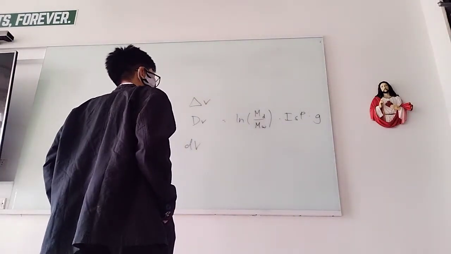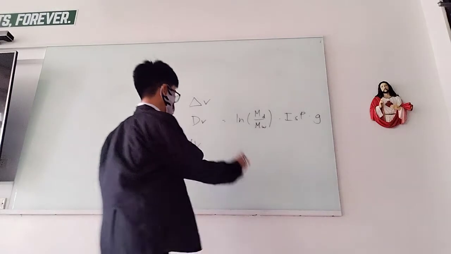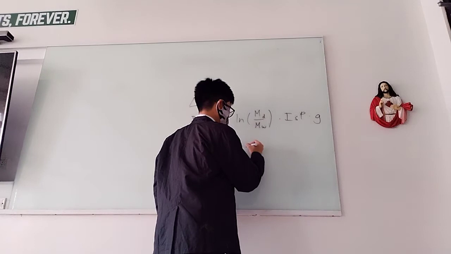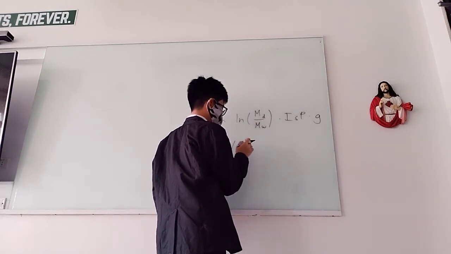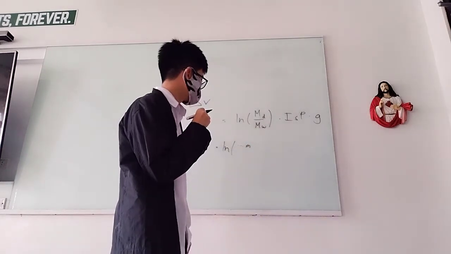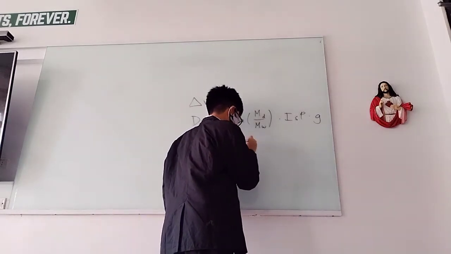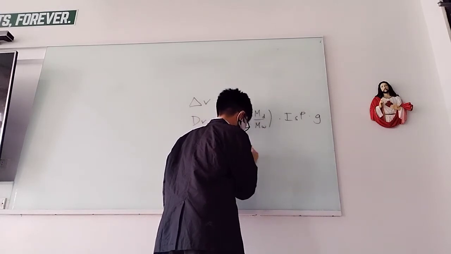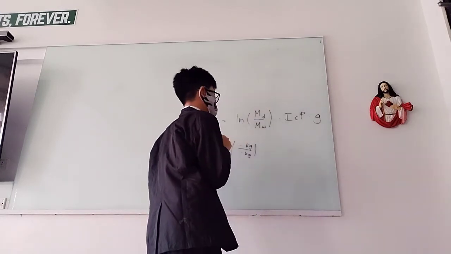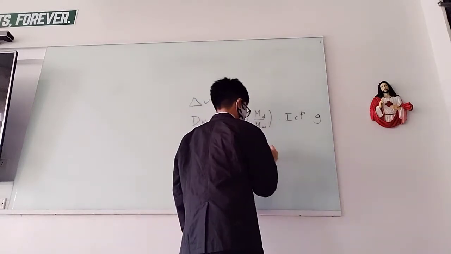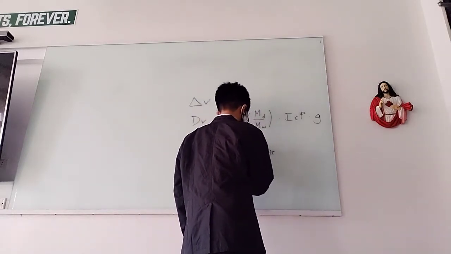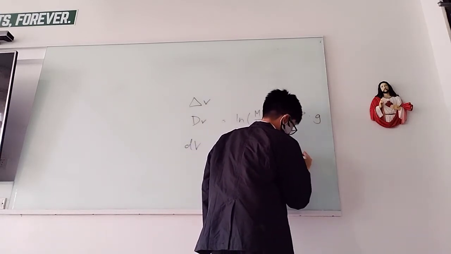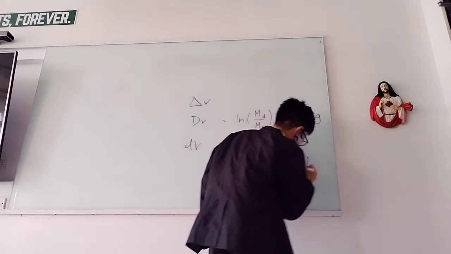So if we do the dimensional analysis of this, we get the ln of some measurement of mass over mass, so probably kg over kg, and then the ln of that. And then this ISP is measured in seconds, times meters per second squared.